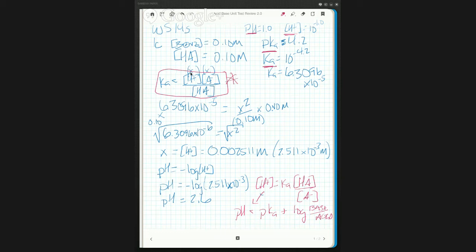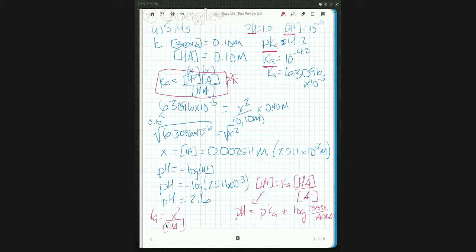If you can find the H plus, and you know that it's going to be X for both of those, then you have Ka is equal to X squared over HA. Let me write that down here. This is a true statement. This will always be the same. Ka is equal to X squared over the concentration of HA.